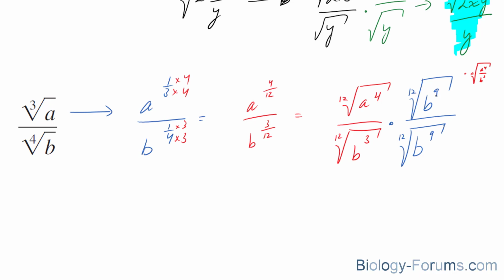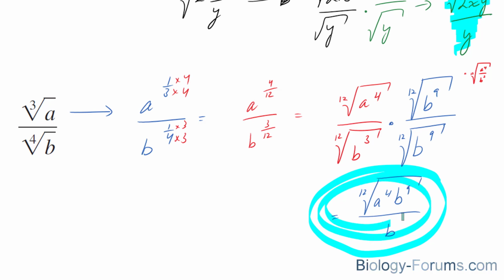Well, if we introduce this and multiply it to this, and they both have the 12th root, then you can multiply the radicands, and that will give you b to the power of 12. b to the power of 12 is a perfect 12th root, which would end up giving you b, and at the top you would end up with the 12th root of a to the power of 4 times b to the power of 9. And this would be the answer that your teacher would want you to provide.